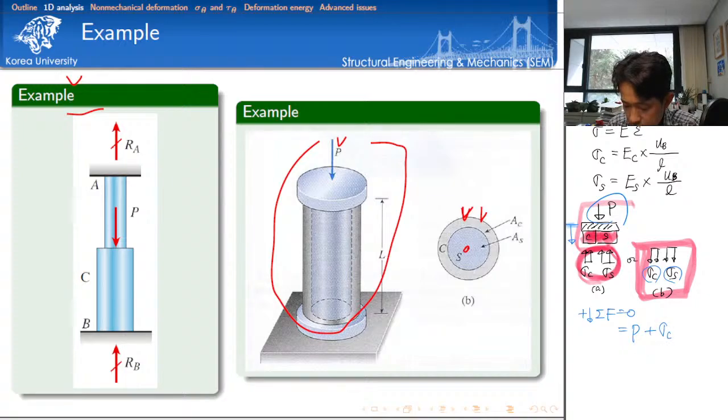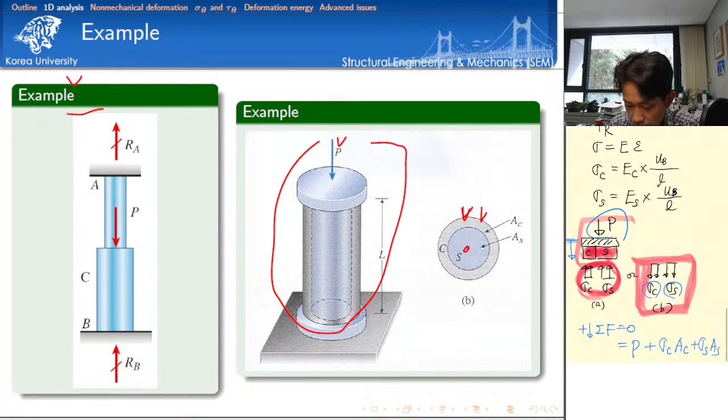So stress in copper, and then we need to multiply the area of copper plus stress of steel and the area of steel. So where is the information of normal stress for the copper and steel? The information of normal stress for the copper and the steel is here.